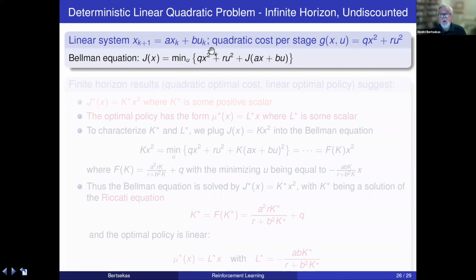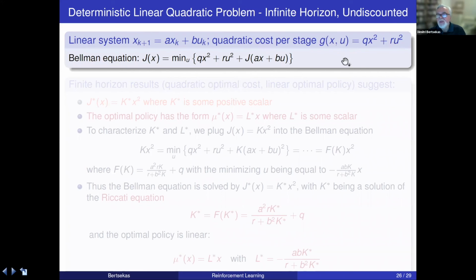So this is the system we're looking at here. There's no w_k. It's a quadratic cost per stage, the same that we had before. Again, we look at a one-dimensional version of this problem in order to simplify the calculations for the purpose of this lecture. And we consider the undiscounted version of the problem where alpha is equal to 1.